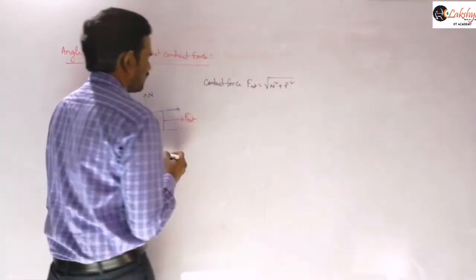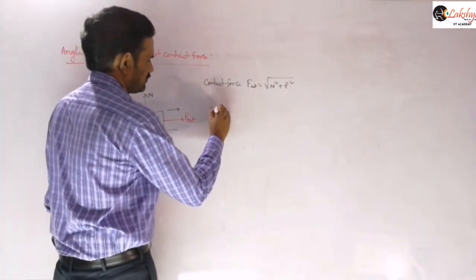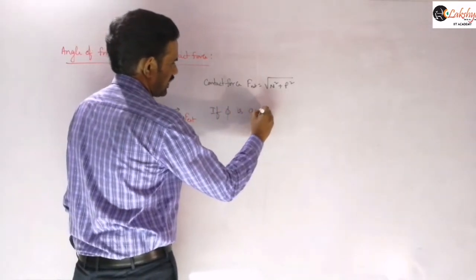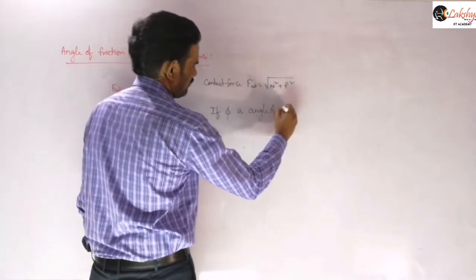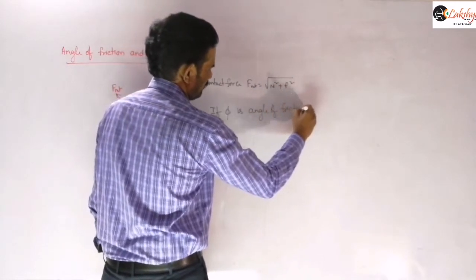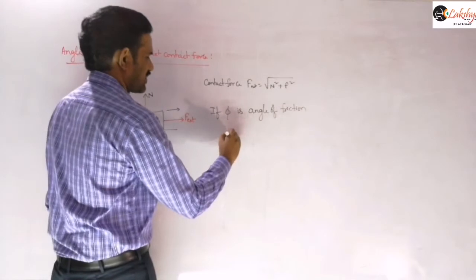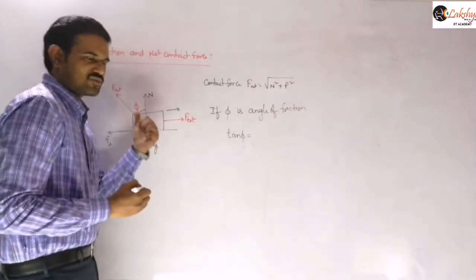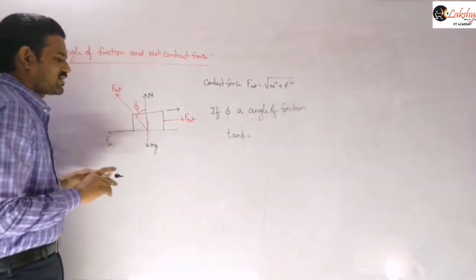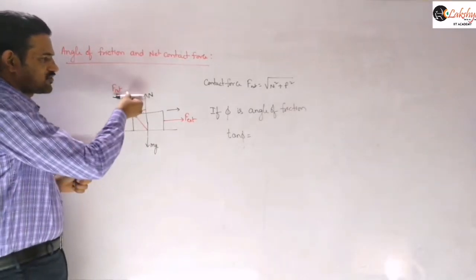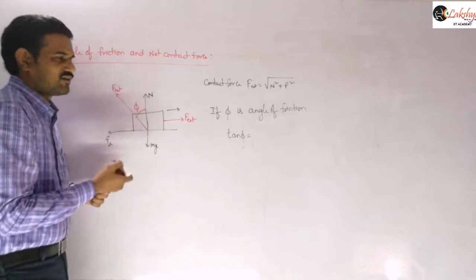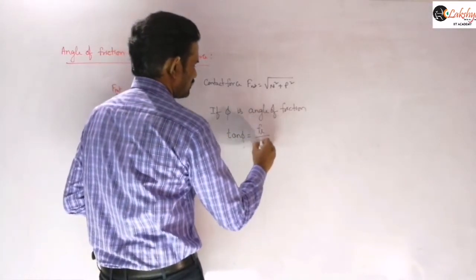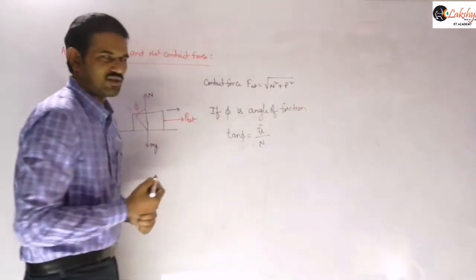Therefore, if phi is the angle of friction, then using the components form here, you can shift this F bar to here so that you can write the tan phi value. So tan phi is equal to F limiting by normal reaction.